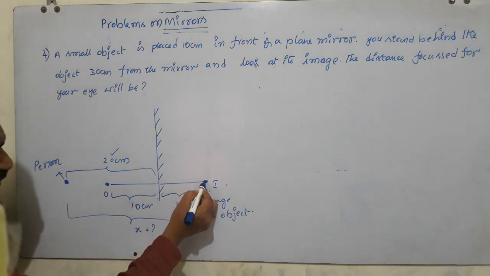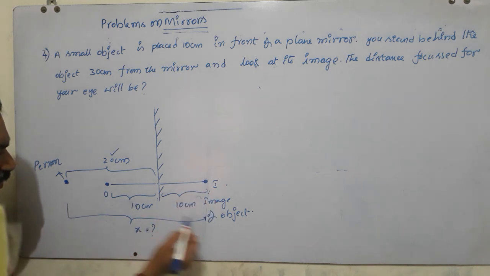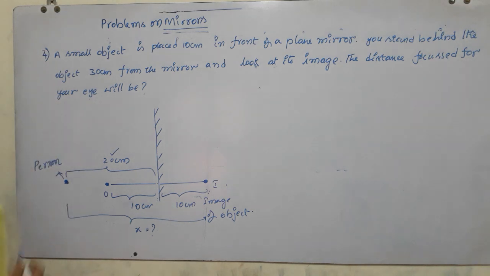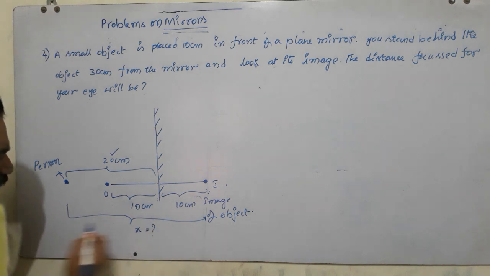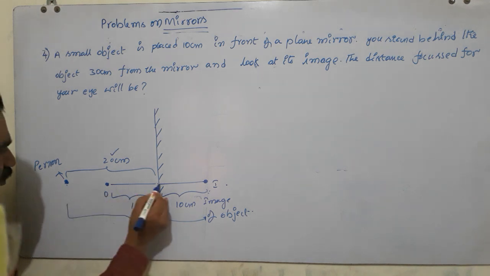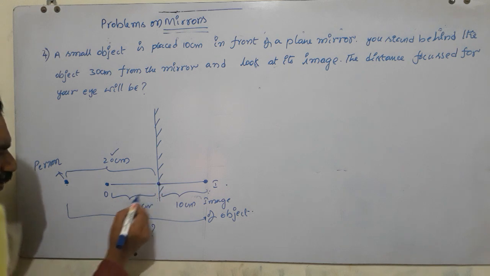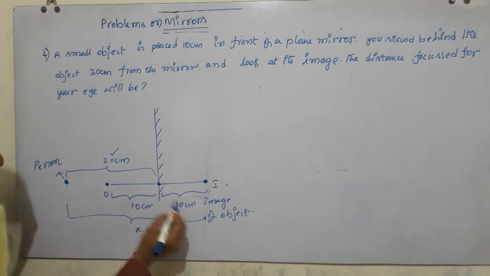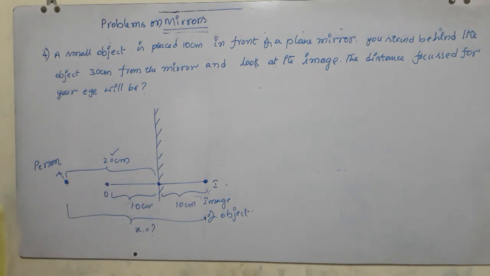What is the distance of this image focused by the person's eye? So this is the total distance. This x is equal to this distance 20 centimeters plus this distance 10 centimeters.